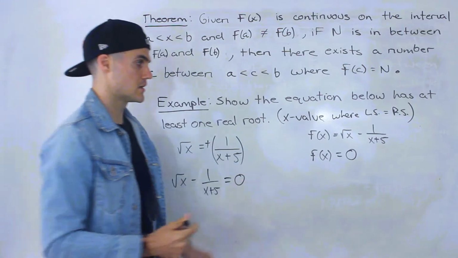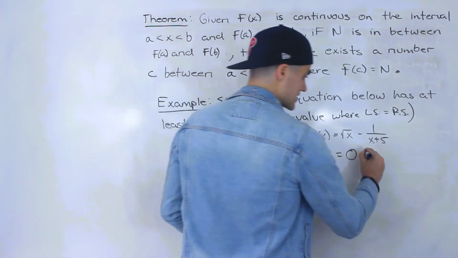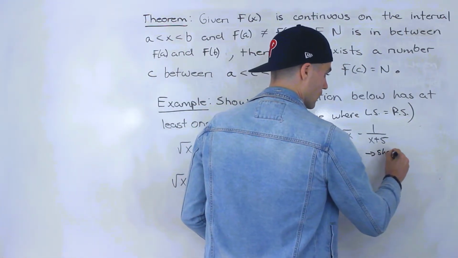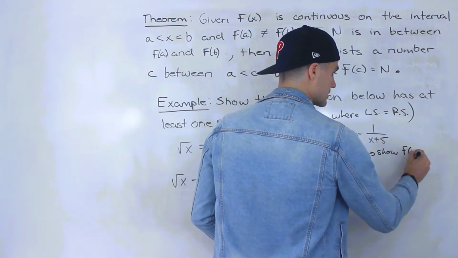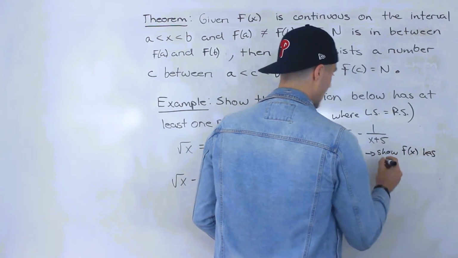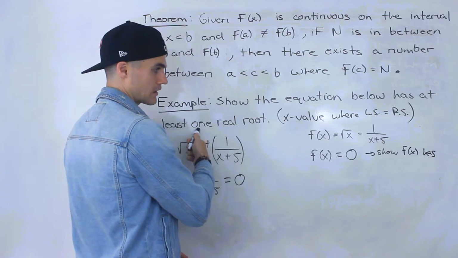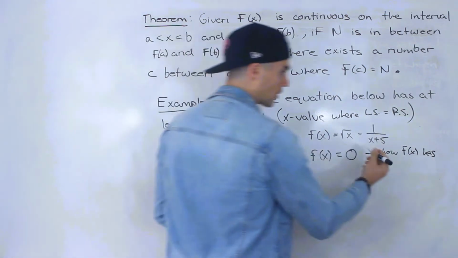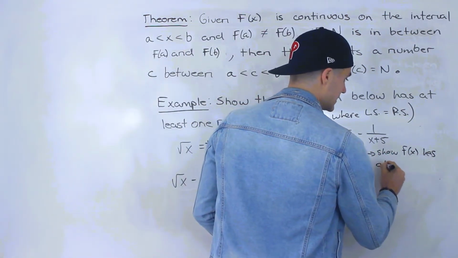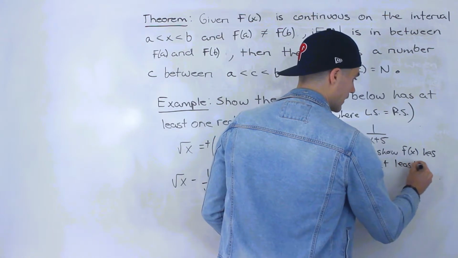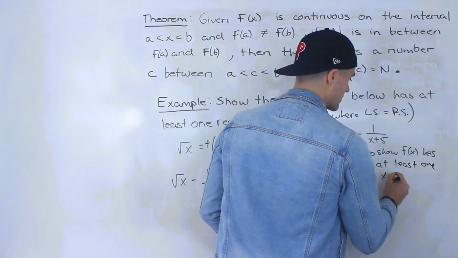Another way to state this is to show f of x has at least one real root, or has at least one x-intercept. Same thing.